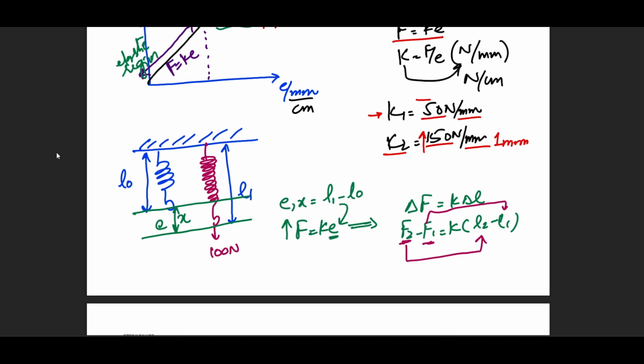Since the original force was not existing, it was 0 newtons, this is F minus 0 equals to K times L1 minus L0. So this becomes simply F equals to K times extension. That is how the formula narrows down to this idea. So we understand what extension is and how to visualize it.